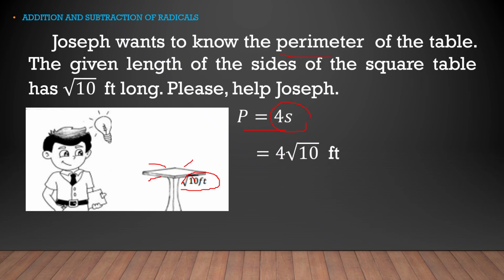So 4 square root of 10, you just multiply 4 into square root of 10. And that will be the answer. We have 4 square root of 10 feet because there are no factors in 10 that are perfect squares. So that is enough answer. So the answer is 4 square root of 10 feet.